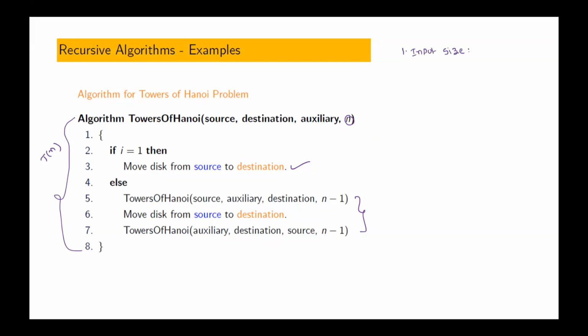Number of disks, that is n. What is basic operation? Move operation, moving a disk. Next, let T of n be the number of moves given n disks.